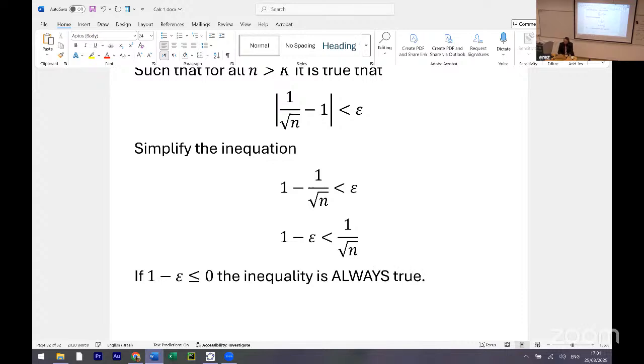So that looks worse. We're trying to show that I can't just take a random sequence and a random number and show it's the limit, but it seems that it works so far, right? Let's see why it is true.